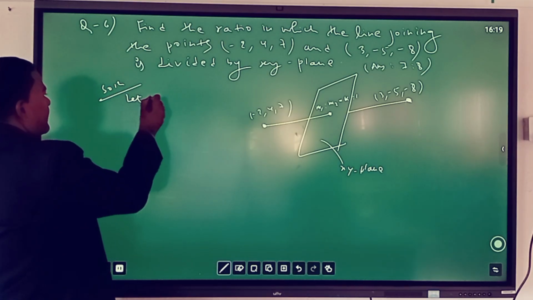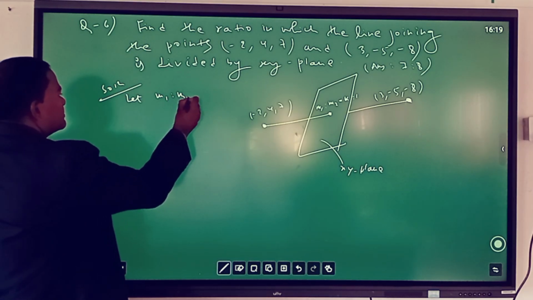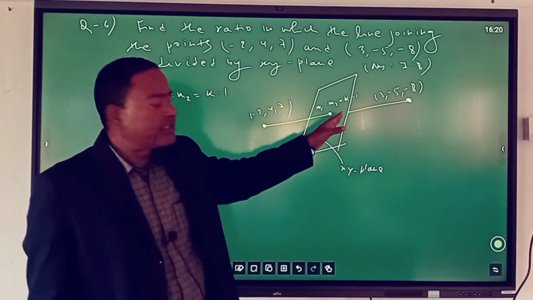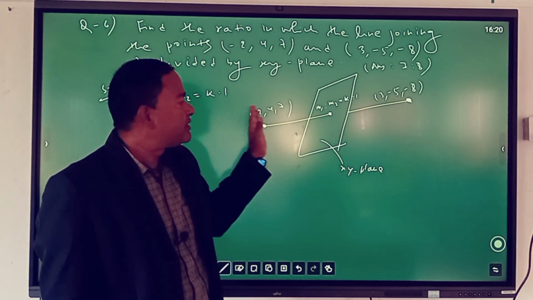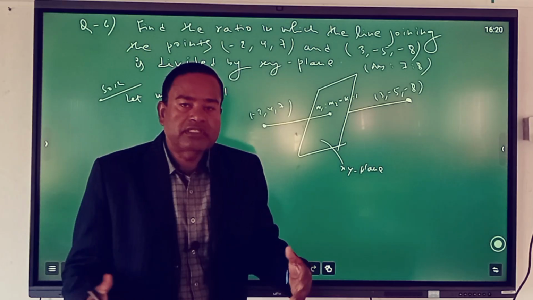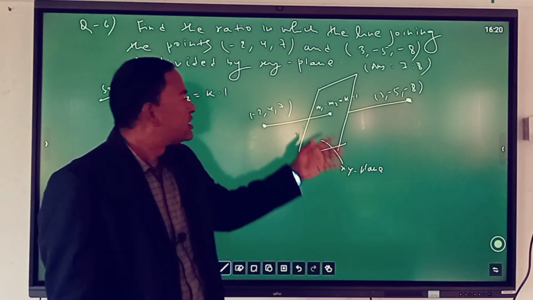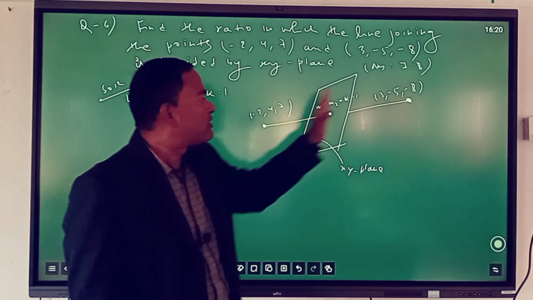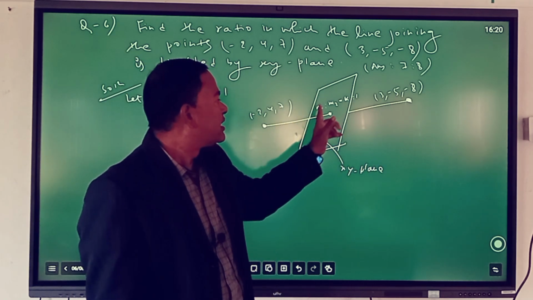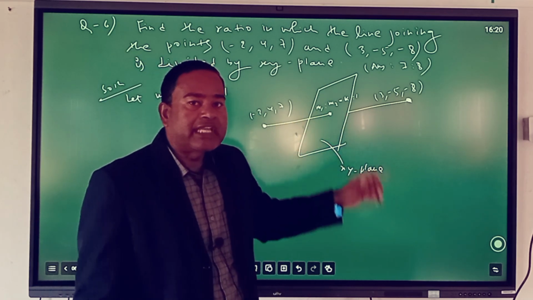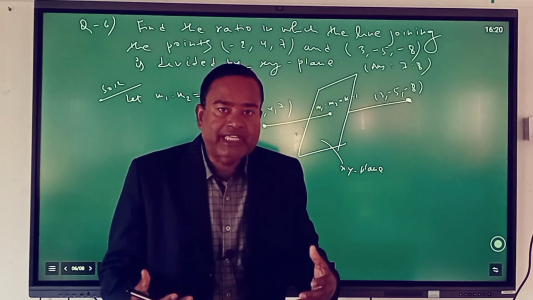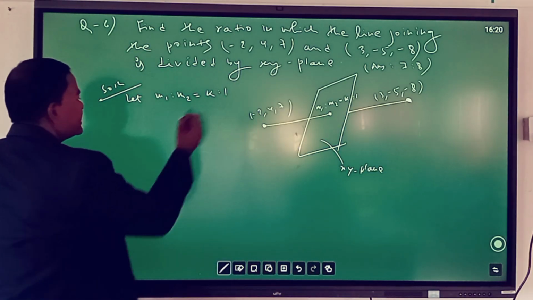Let us suppose that the xy plane divides the join of the given 2 points in the ratio of m1 is to m2, and again we suppose it as k is to 1 for simple calculation.